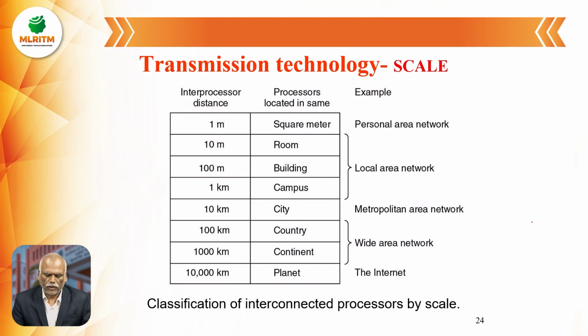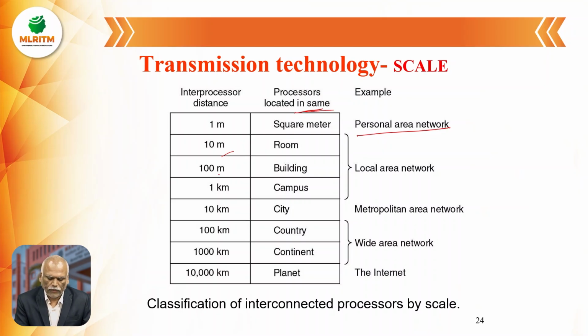Next we see, based on the scale, the different network types. Here, as part of scale, we consider the interprocessor distance and where the processors are located. If it is 1 meter distance between the sender and receiver, covering a square meter area, the type of network is known as PAN, personal area network. If the interprocessor distance is 10 meters, it occupies a room.